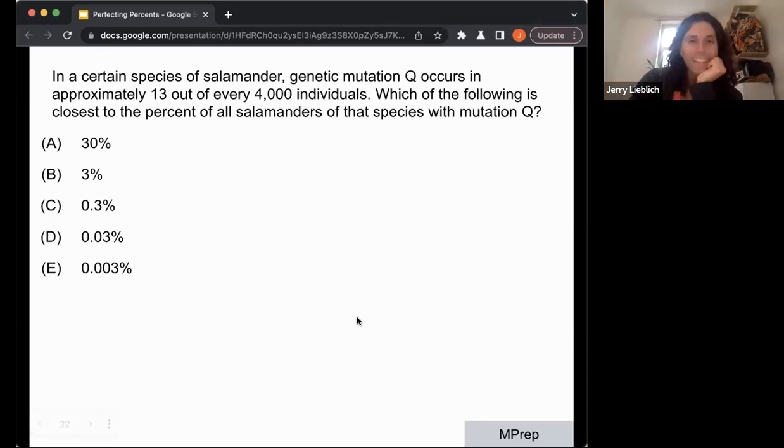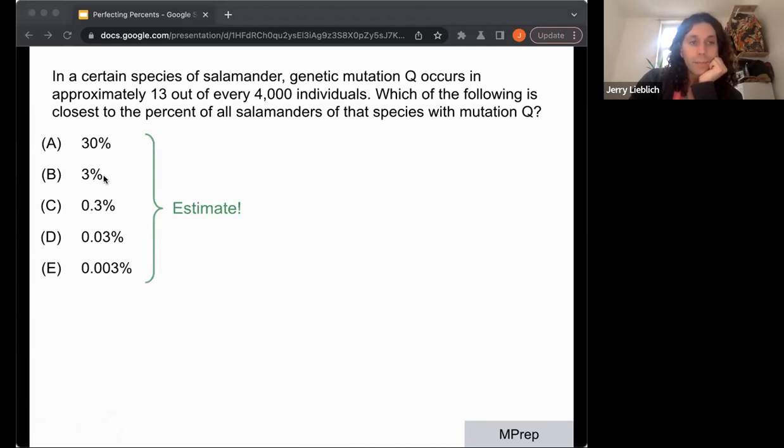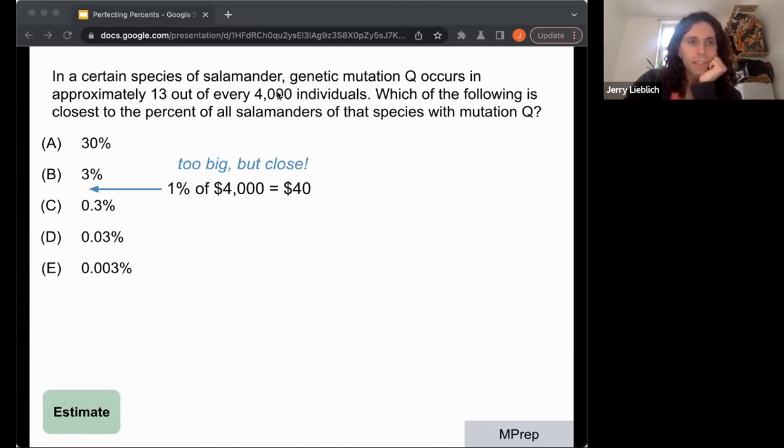Okay, so let's take a look at this. One thing we might notice, again, these answers are really spaced apart. It comes down to powers of 10. Good chance to estimate. So if we're looking for 13 out of 4,000, well, we might say, all right, 1% of 4,000 would give us 40.